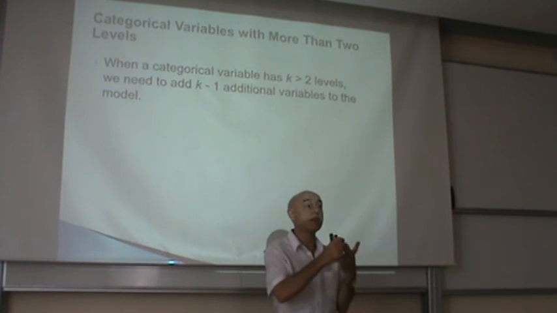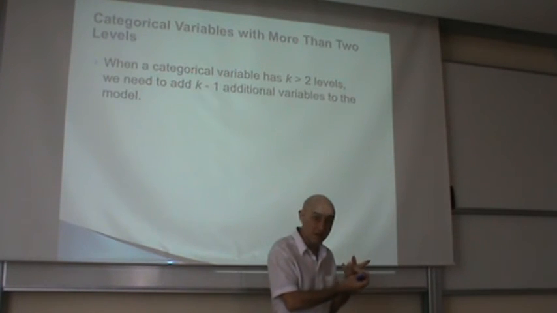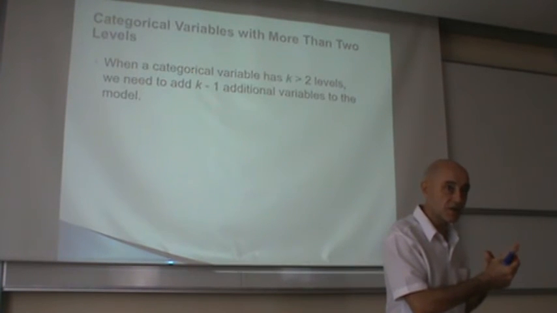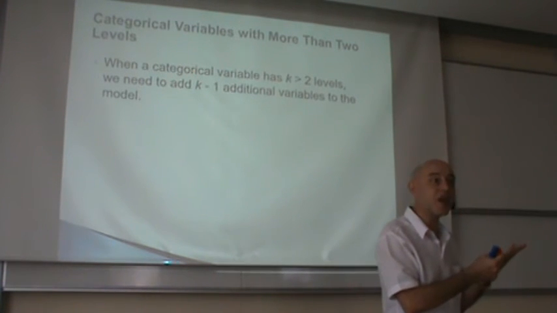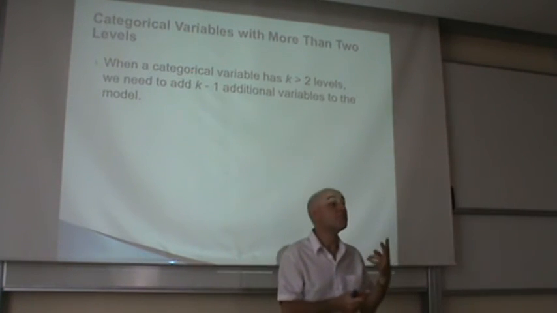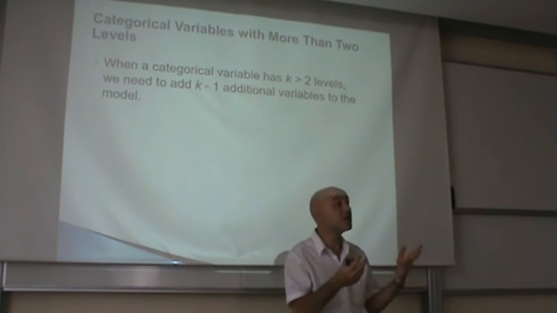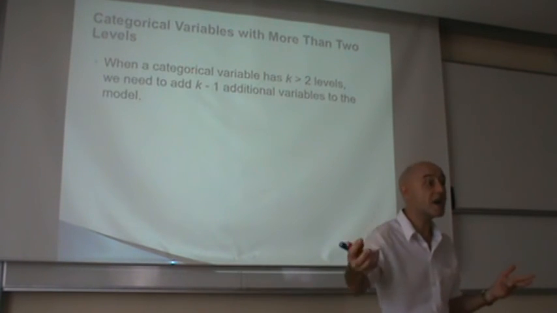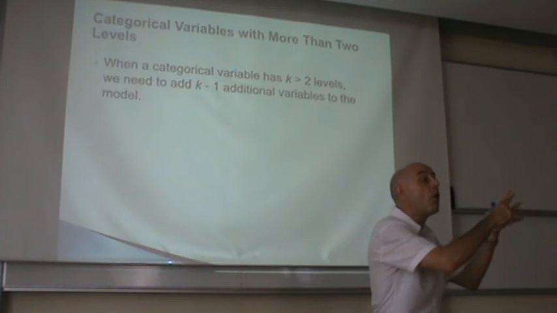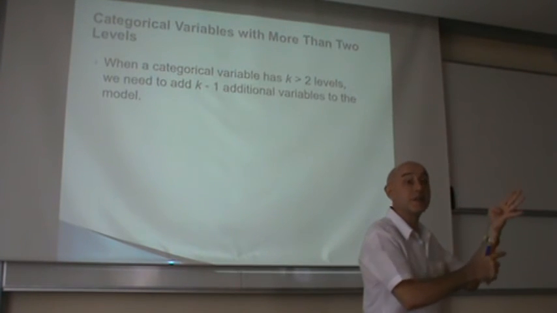Could be married. Could be divorced. And there's one last one, widowed. Widowed means you were married, you never divorced, but your husband or your wife died. Okay? So I got 4 different categories.